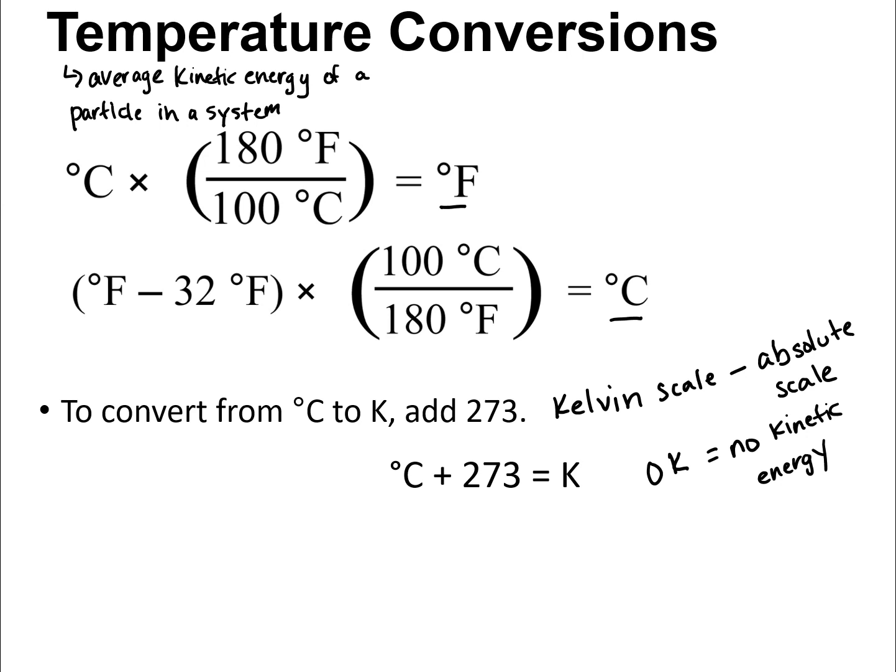There are times when you'll have to convert from one temperature scale to another. That's what these equations are for. The top one, you take Celsius and convert it to Fahrenheit. The second one, you're taking Fahrenheit and converting to Celsius. This third one, we're going from degrees Celsius to Kelvin. Notice I don't have one for Fahrenheit to Kelvin.